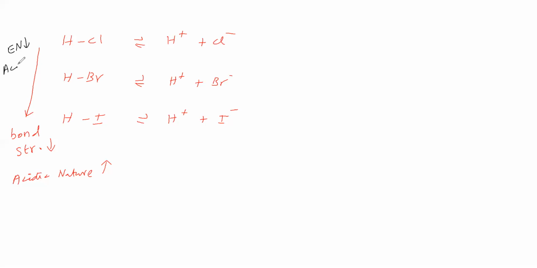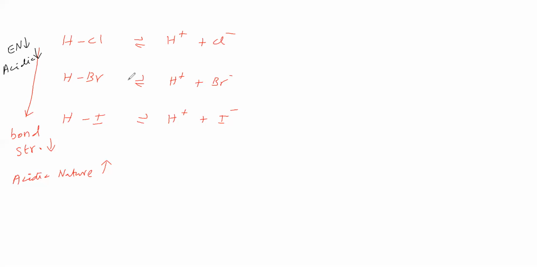Electronegativity decreases means acidic nature decreases, because Cl has higher electronegativity than bromine. So Cl pulls the bond pair to a greater extent than bromine, meaning H plus comes off more easily from here. This is based on electronegativity: HCl would have more acidic nature than HBr.